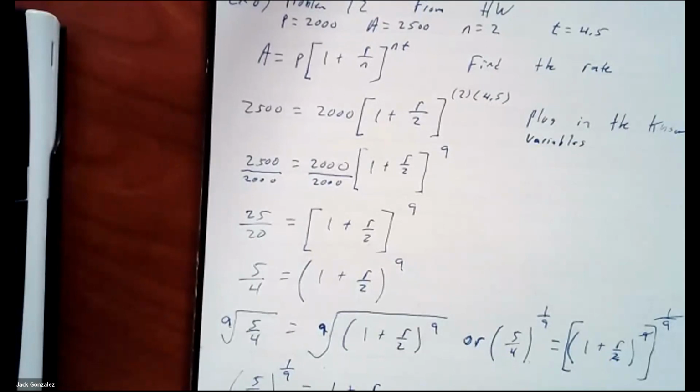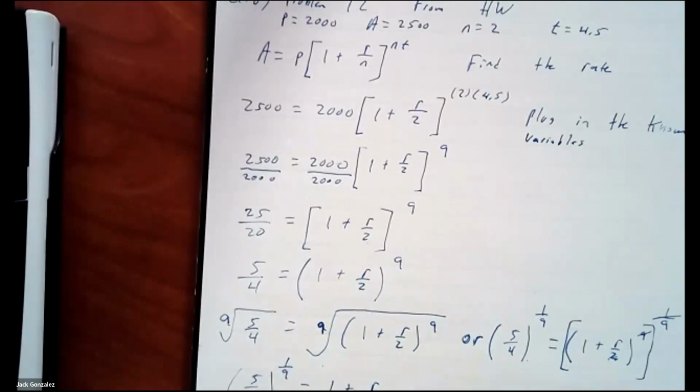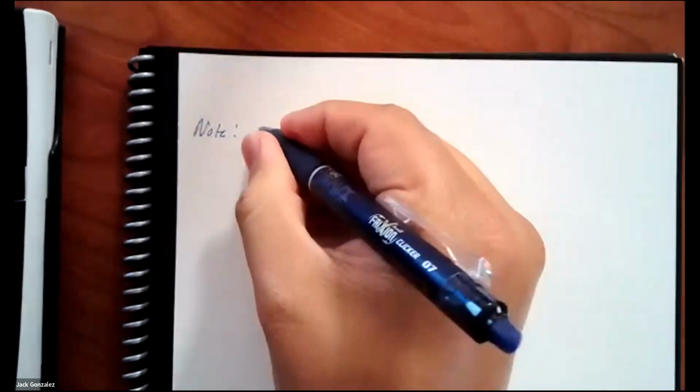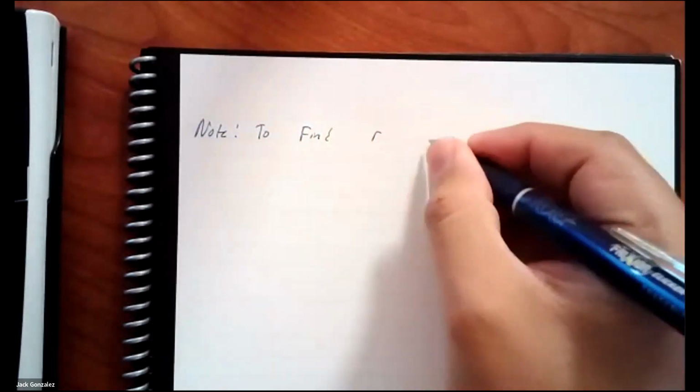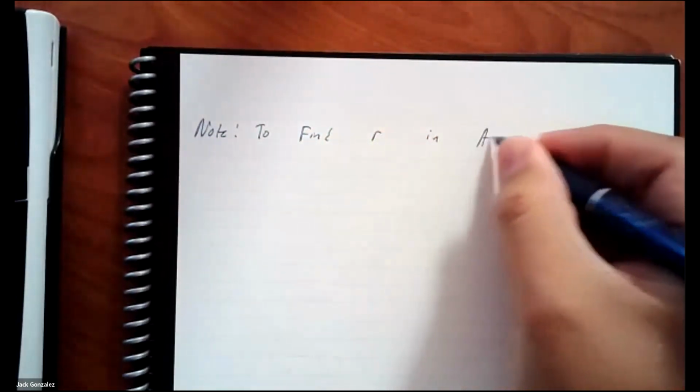The power will be dependent on the compounding and the years. Each question will be different, could be quarterly, semi, whatever. You find R in this equation.